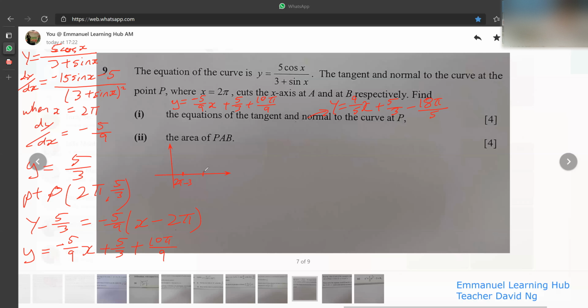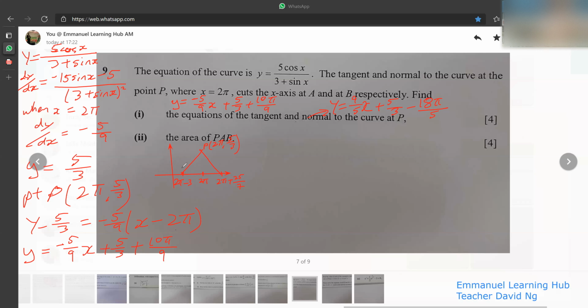This is 2 pi. Here is 2 pi plus 25 over 7. Then your P is 2 pi, 5 over 3, right? This point P. Okay, it looks like this.